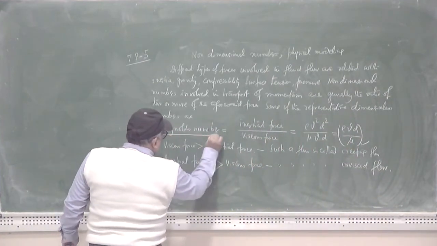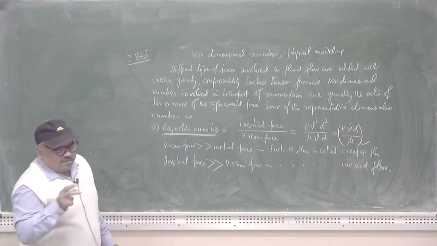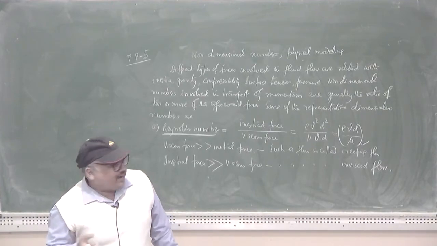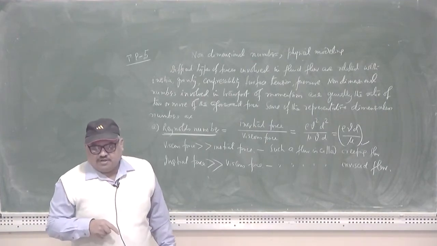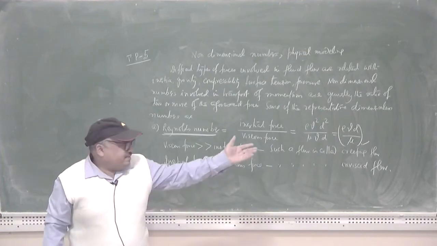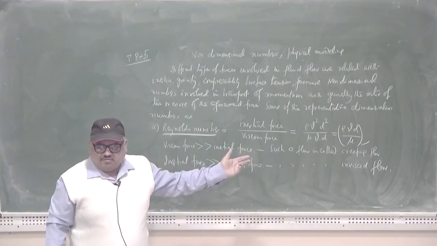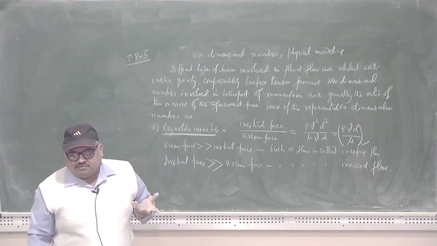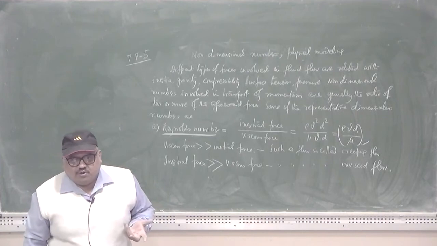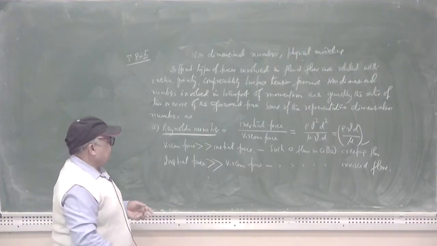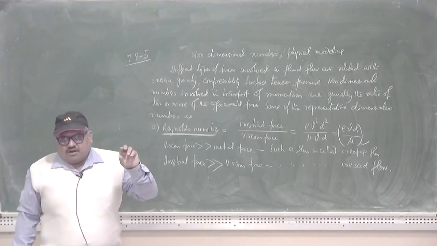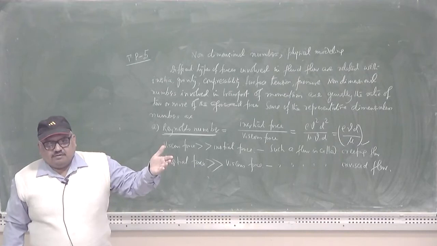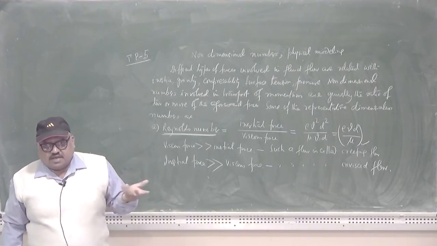Also, this Reynolds number has utility in defining the transition point from laminar to turbulent region, depending upon the density of the fluid that is flowing, or the density of the liquid metal which is flowing, the velocity of the liquid metal, the characteristic length through which it has to travel, and the dynamic viscosity of that fluid. It dictates at which Reynolds number the flow will change from laminar to turbulent or vice versa.